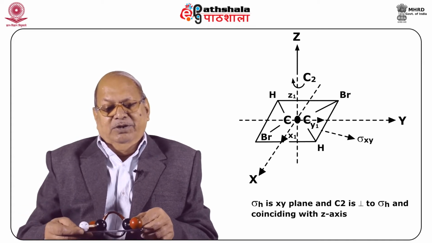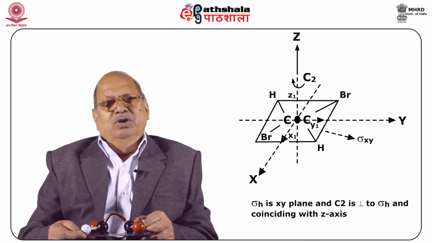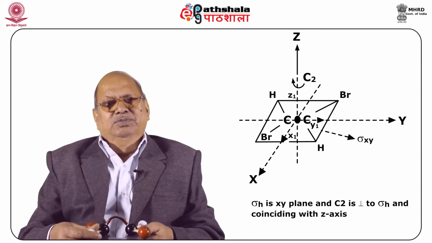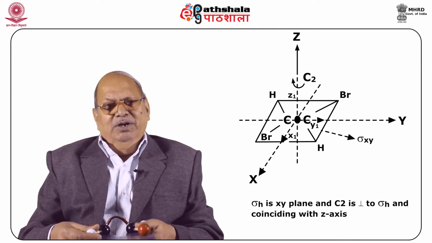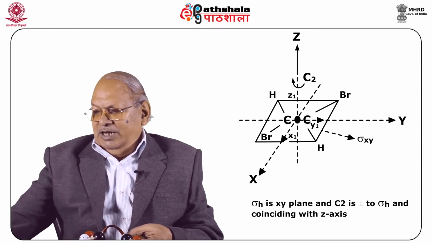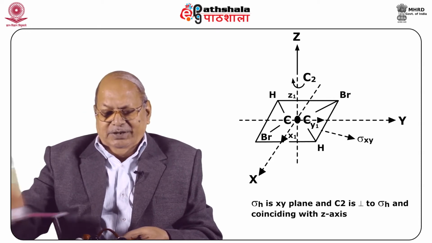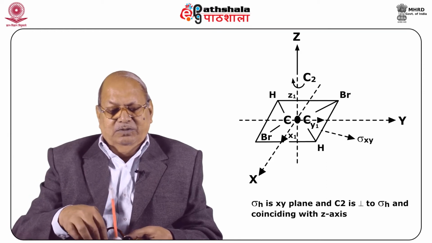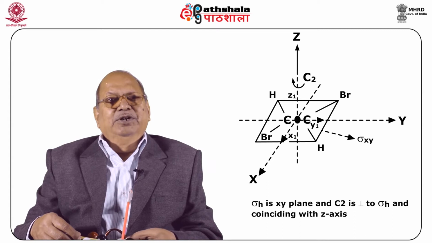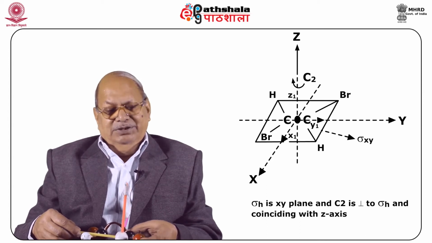This is the plane of the molecule, that is, all 4 atoms, 2 hydrogens and 2 bromines, lie in this plane. And now I will put the 3 vectors like this, at the midpoint of the CC double bond.